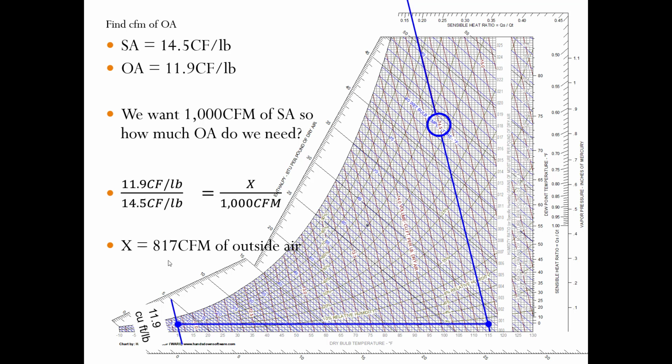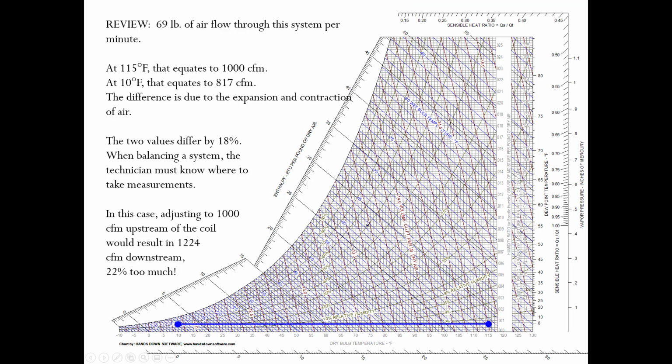And this makes sense, right? Because we know that as we heat the air up from 10 degrees dry bulb temperature to 115 degrees dry bulb, it's going to expand. So we can check our math here, and we can see that 817 cubic feet per minute coming in from outside, we're going to heat it up, it's going to expand, and it's going to be equal to 1,000 cubic feet per minute of supply air.